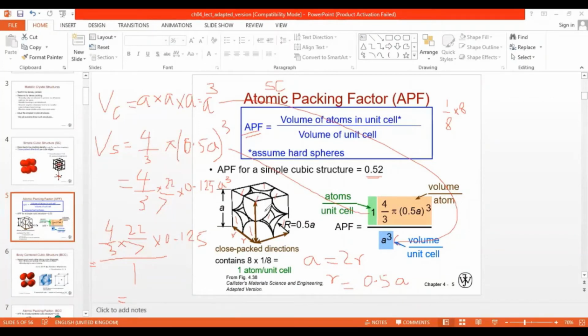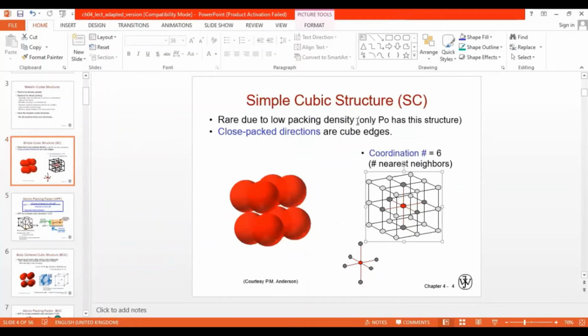So this particular region is 1/8 the volume of one sphere, right? Rare due to low packing density. Only Po has this structure. So rare due to low packing factor. So this simple cubic structure is existing only in polonium, right? Polonium. Close pack directions are cube edges.